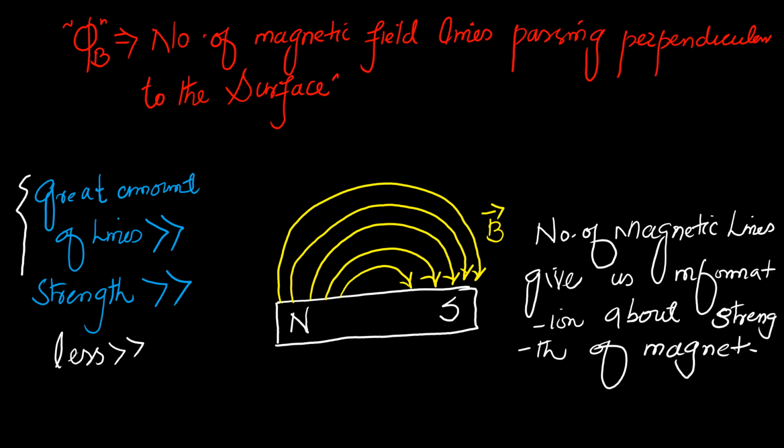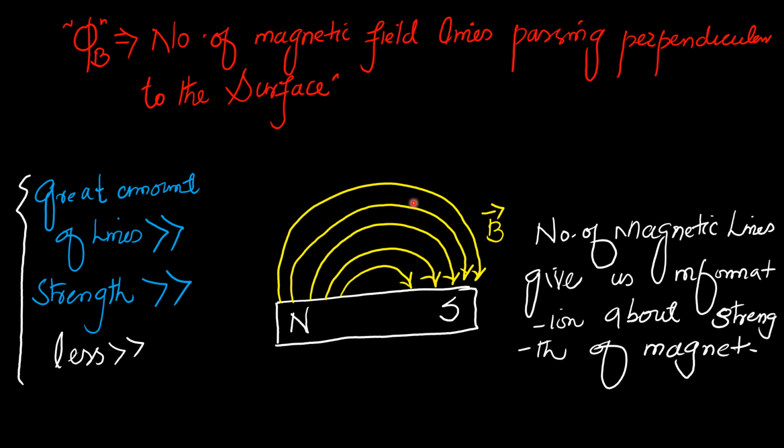So, dear student, the strength of a magnet is basically associated with the magnetic field lines. The closer the magnetic field lines and the greater their amount, the stronger the magnet. And if the magnetic field lines are far from each other and fewer in amount, then such magnets are known as weaker magnets.